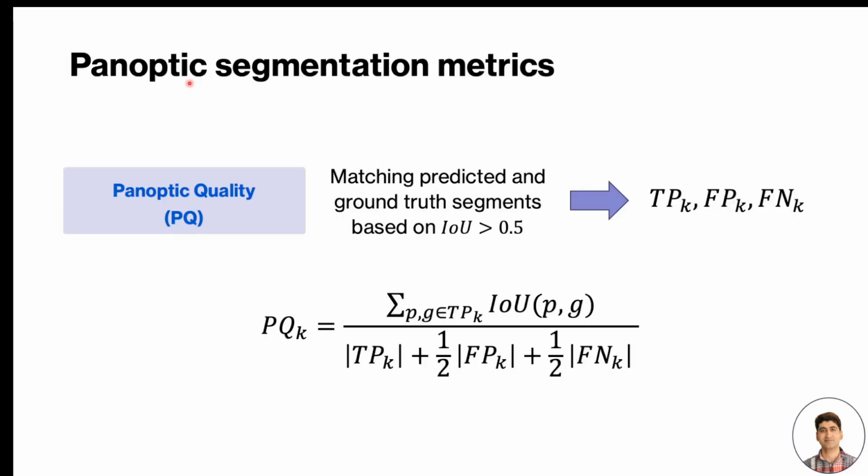The performance metric for panoptic segmentation is called panoptic quality. To compute panoptic quality, first we need to match predictions and ground truth segments based on their IOU values, and this will give us true positive, false positive, and false negative sets for class K. Then we calculate PQ for class K with this formulation: the sum of all IOU values between prediction and ground truth areas for the true positive set divided by the area of the true positive plus half of the area of false positive plus half of the area of false negatives.